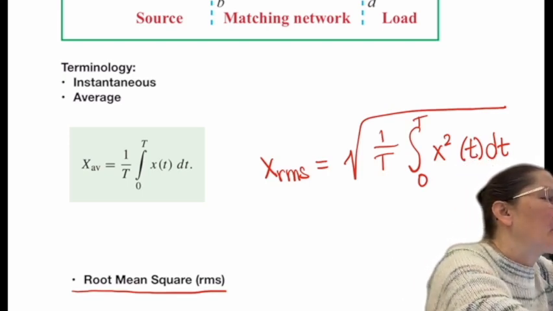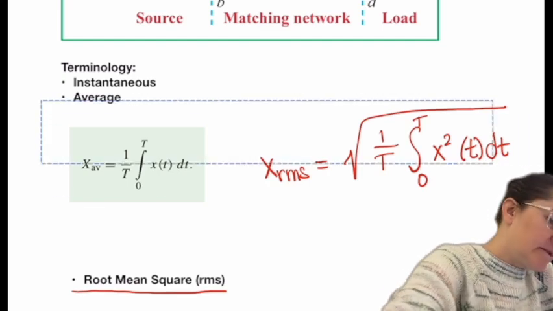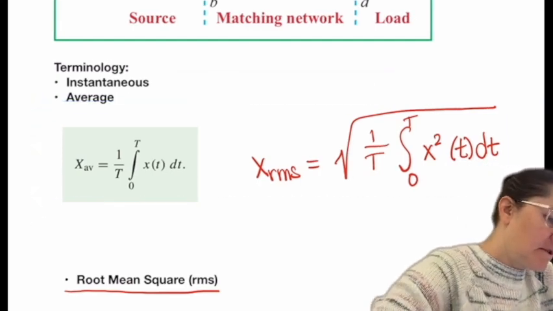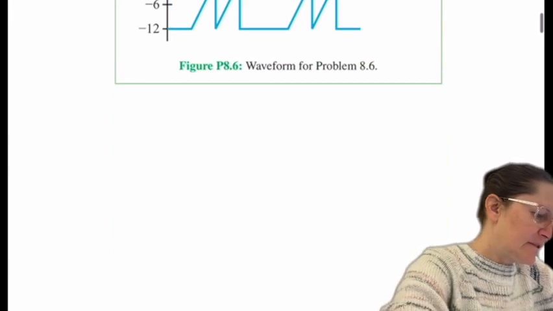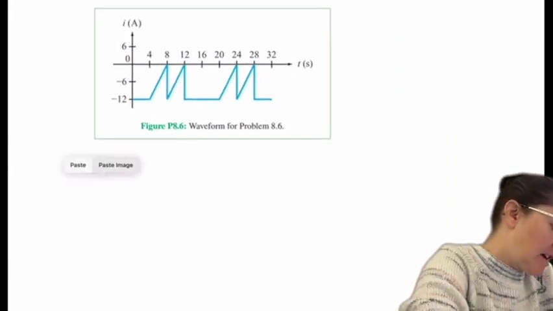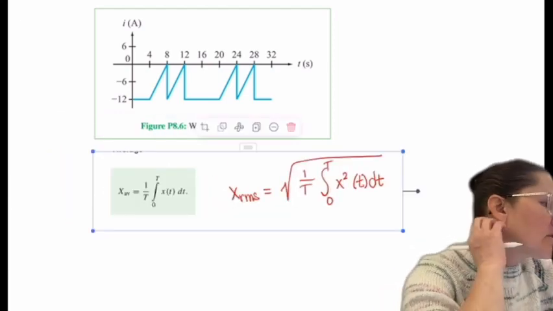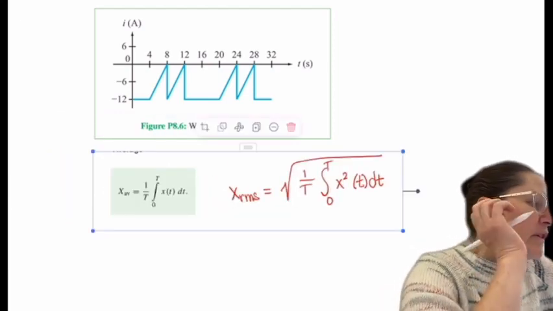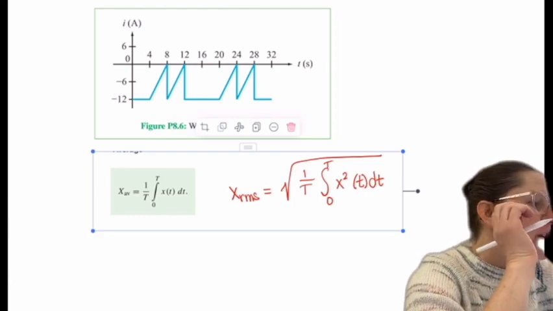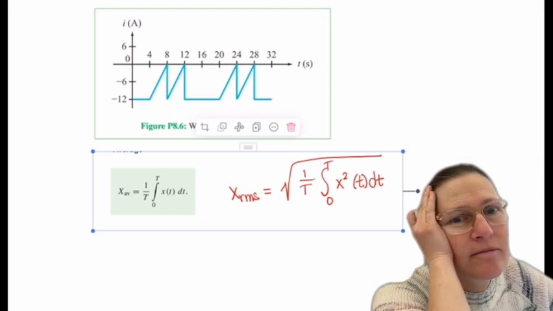Okay, so going down, let me copy these. Going down to this, we want to find this root mean square, and we want to find the average. So first, you have to see where it is periodic.